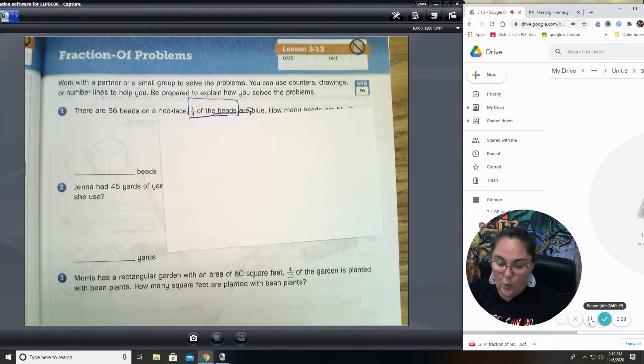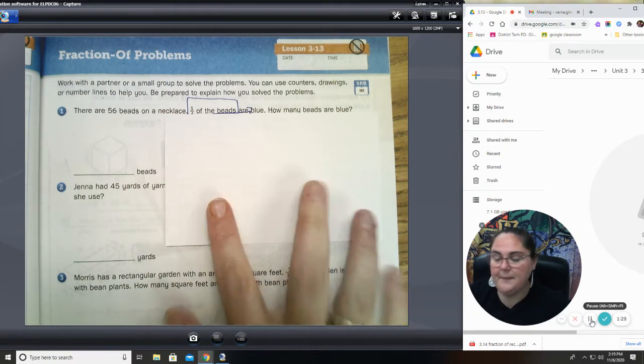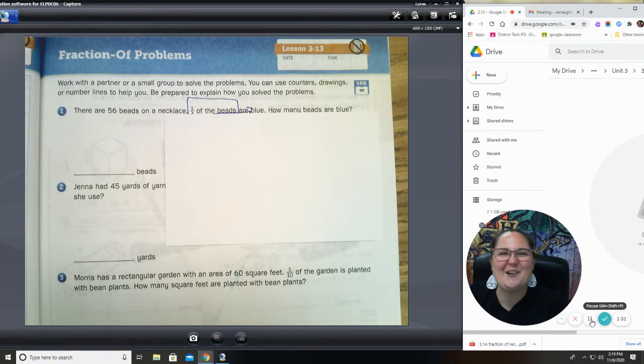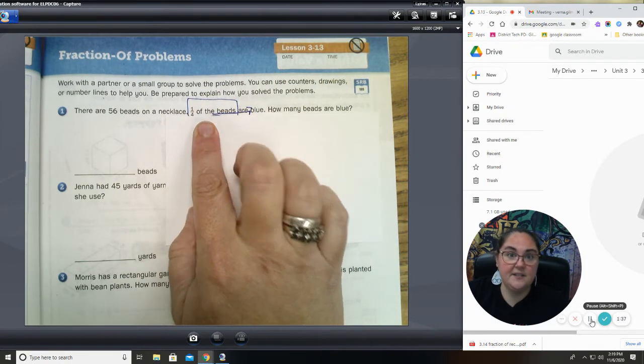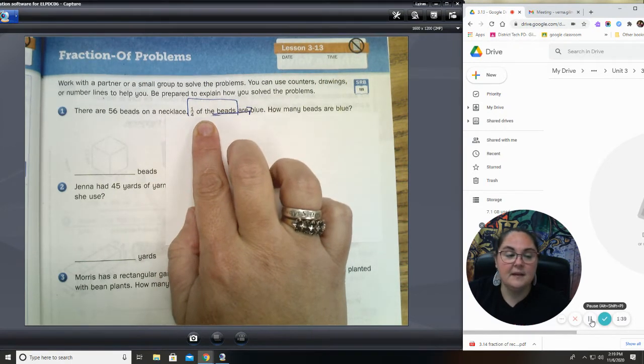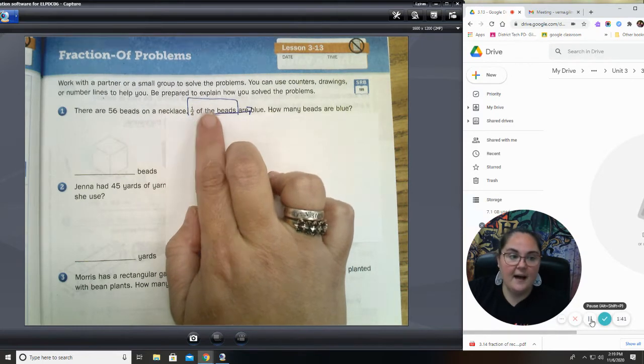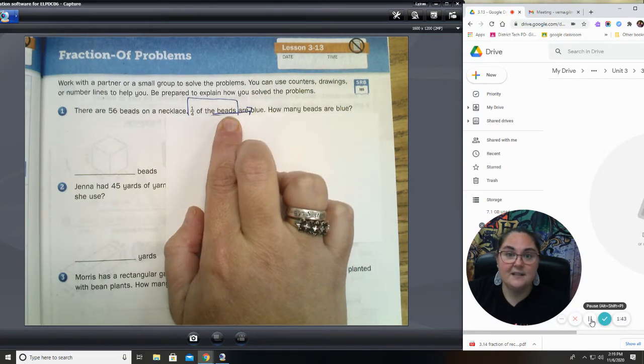All right, so we are going to look at this first story problem. It says that there are 56 beads in a necklace. 1/4 of the beads are blue. How many beads are blue? Tongue twister. So the first thing I do is I look at literally this part of the story problem. 1/4 of the beads.